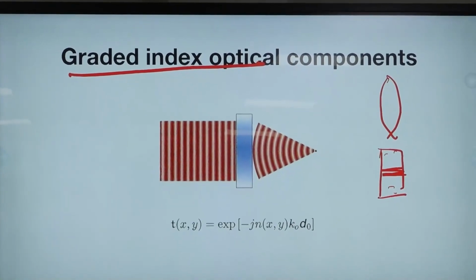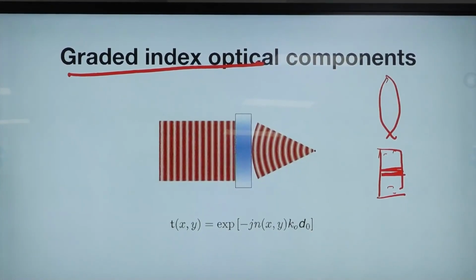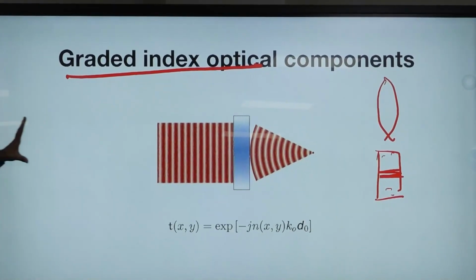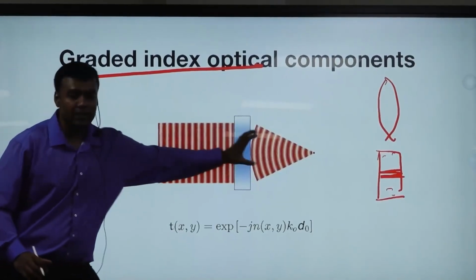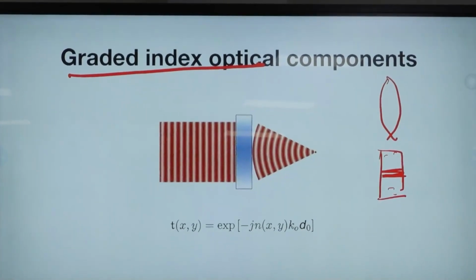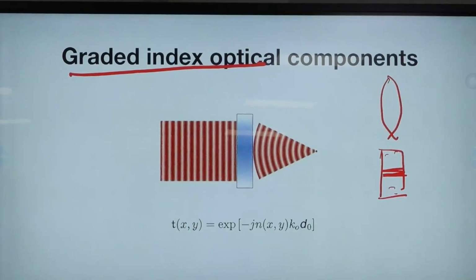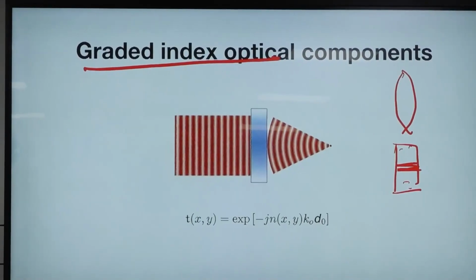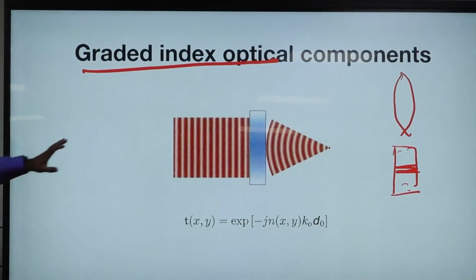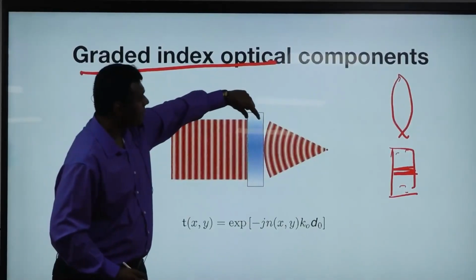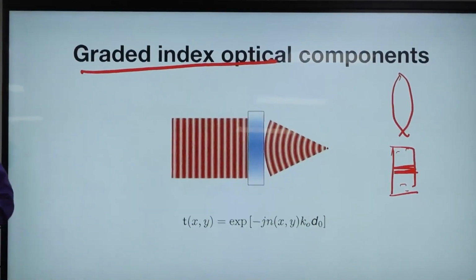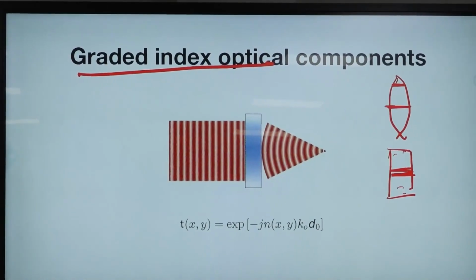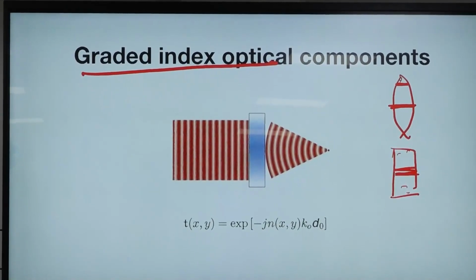So people have made lenses, what are called graded index lenses, GRIN lenses. Where light is incident, it does focusing. Instead of a curved surface, it will actually be two flat surfaces, but the refractive index inside is changing. You can think of the optical length: the optical distance here is big in the middle, and it's smaller at the edges.